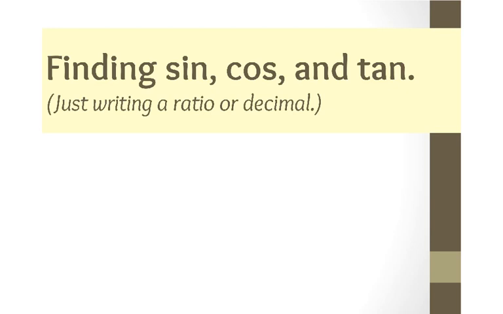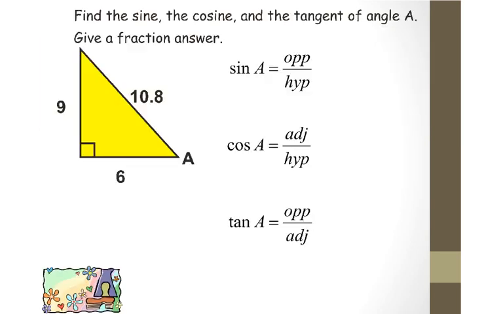So how do we find sine, cosine, and tangent? We're just going to write it in fraction form. The directions here are to find the sine, cosine, and tangent of angle A. The first thing you need to do is mark your angle A. I put my arc here, and I always know the two things that touch my arc are going to be hypotenuse and adjacent.